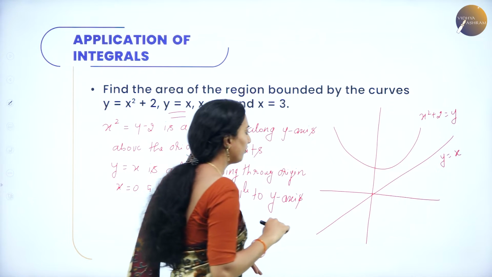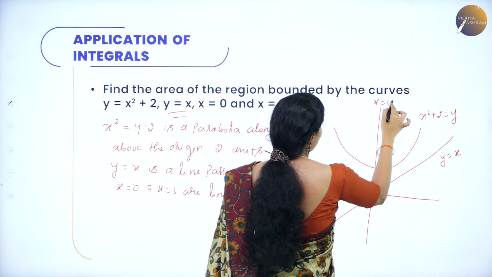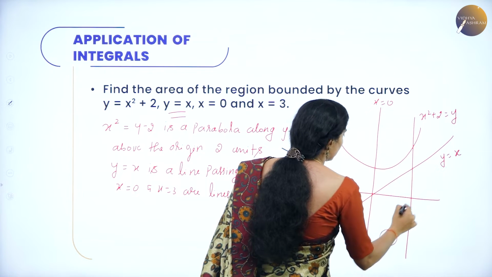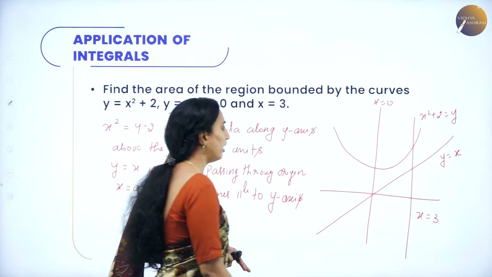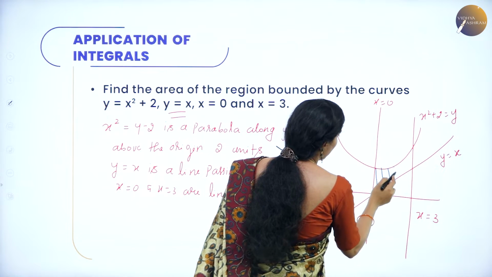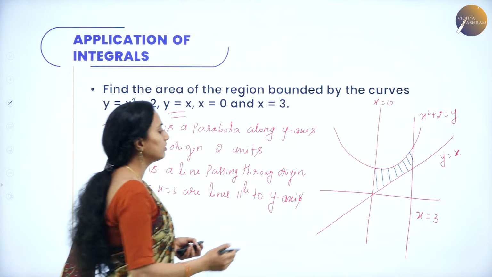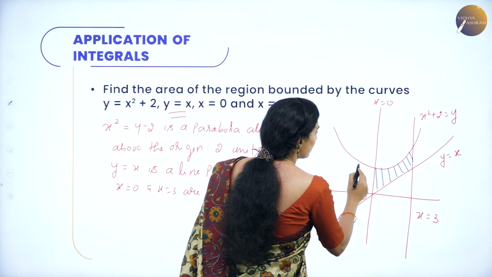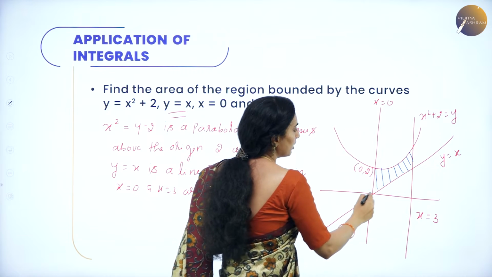Now you have x is equal to 0, which is a line, and x is equal to 3 somewhere here. You need to find the area between the given line and the parabola. Now this is the origin, 0, and this is 0, 2, because this is above 2 units.